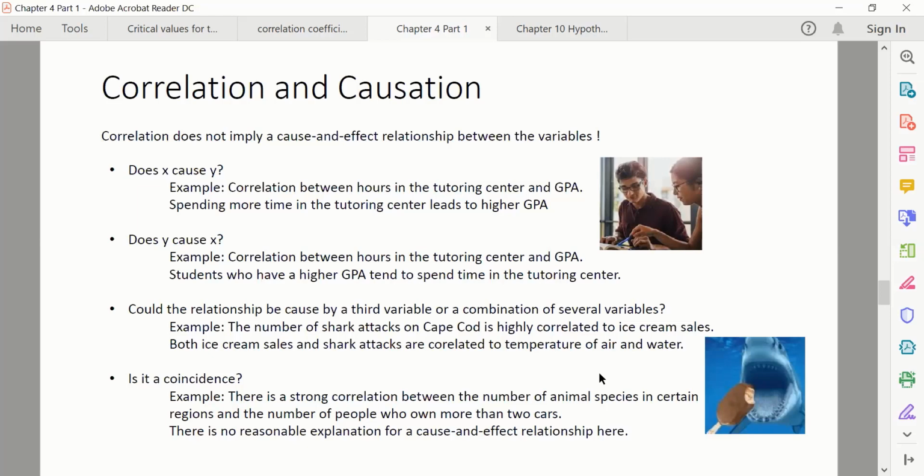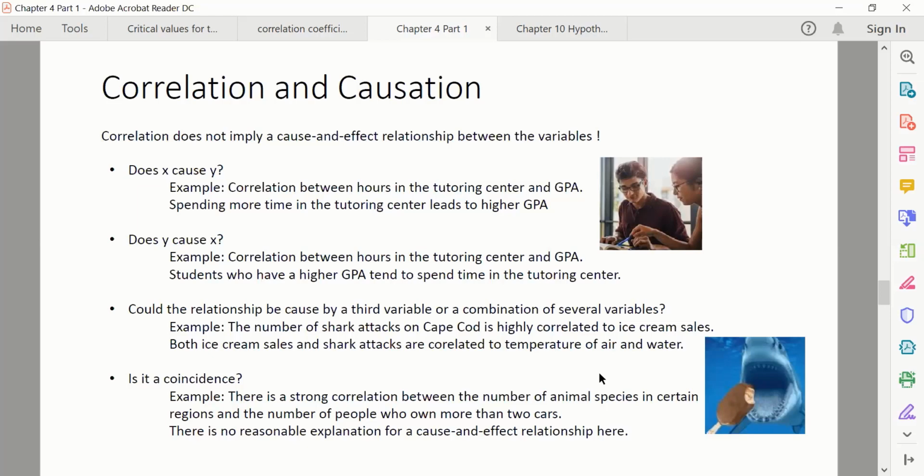Both ice cream sales and shark attacks are actually correlated to the temperature of the air and water. So it's not that shark attacks cause ice cream sales or ice cream sales cause shark attacks. You're just more likely to have both of those happen when it's warm.